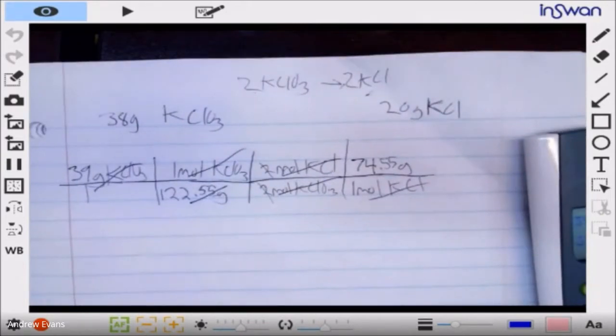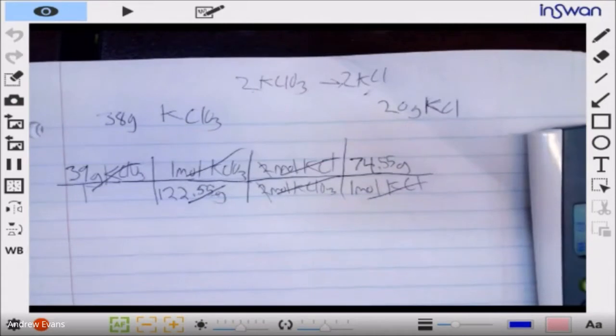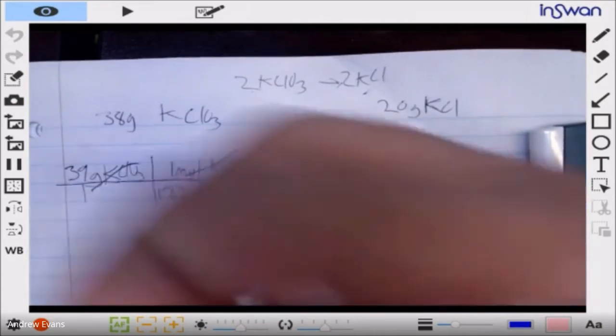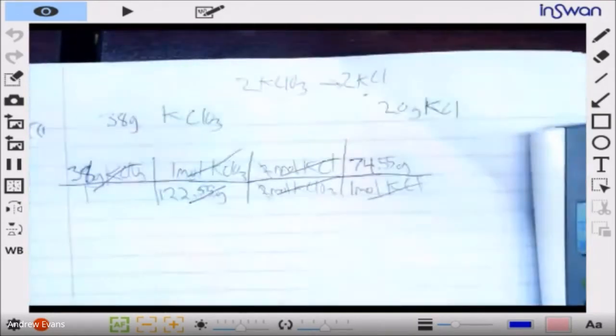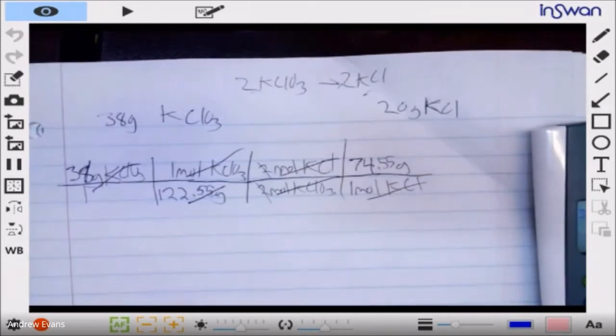Let's convert grams of potassium chlorate to grams of potassium chloride. 38 divided by 122.55, times 2 over 2, which is the same as times 1, times 74.55.